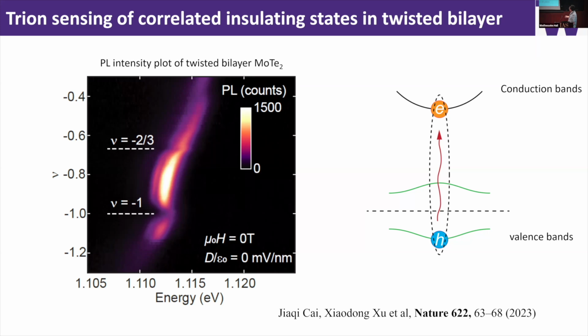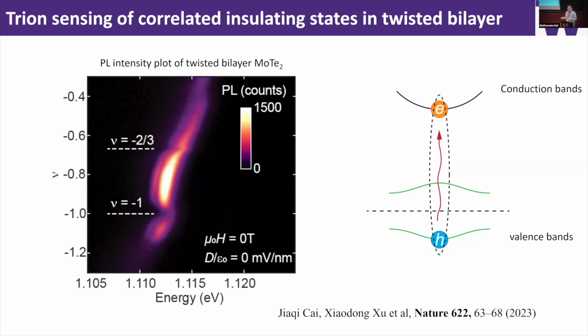The key is that whenever there's an incompressible state, the Fermi surface will gap out. Once you gap out the Fermi surface, the number of free carriers is reduced. But the formation of a trion requires the exciton to be bound to a free carrier. Because the number of free carriers is reduced, the population of trions is reduced. A direct consequence of this suppression of trion population is that the luminescence intensity will be quenched. That's exactly what we see here.